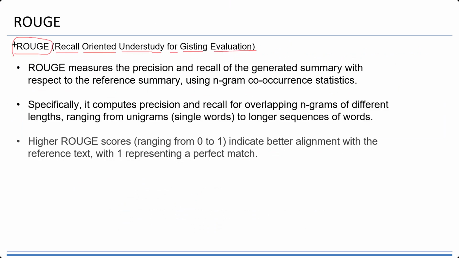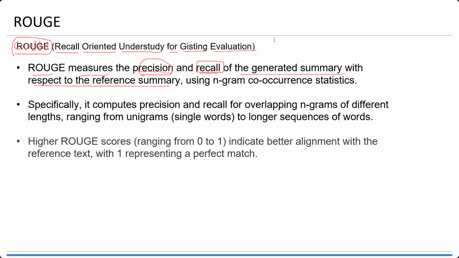So this is ROUGE. ROUGE measures the precision and recall. We learned about precision and recall in the performance of supervised learning. We will measure the precision and recall of the generated summary with respect to the reference summary.